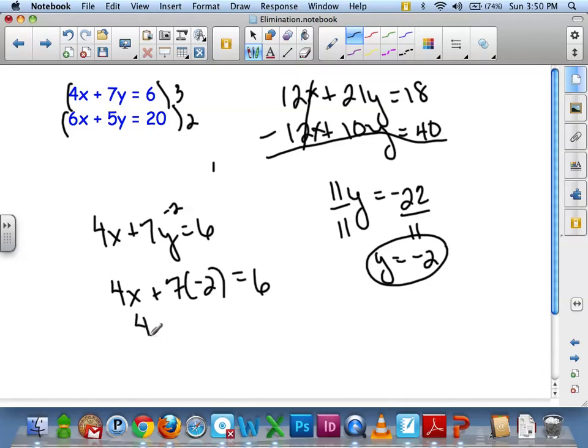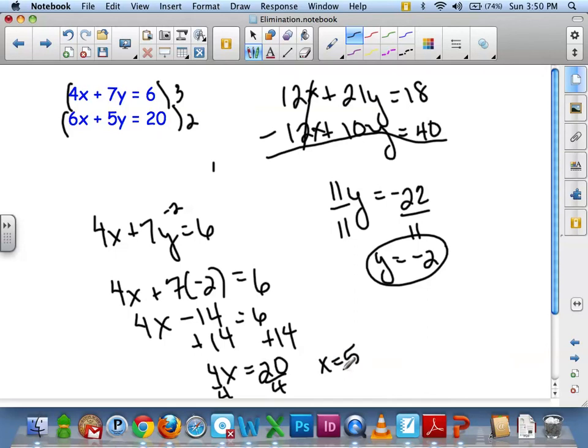I'm going to rewrite this as 4x minus 14 equals 6. Then, again, solving for my variable, I've got 4x equals 20. Divide each side by 4, and I've got x equals 5. Okay.